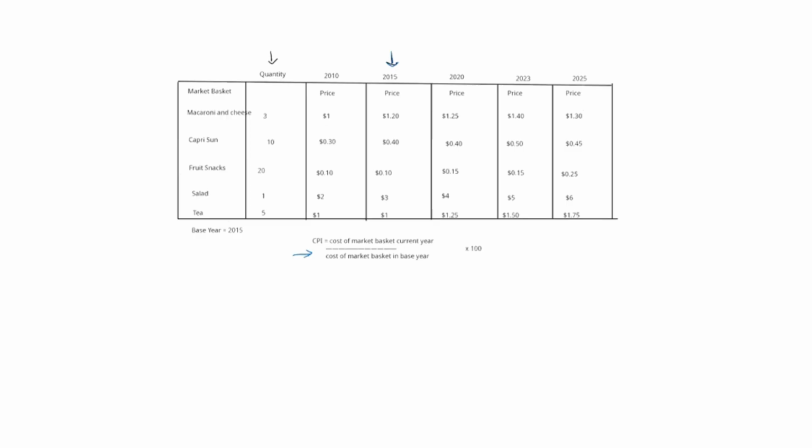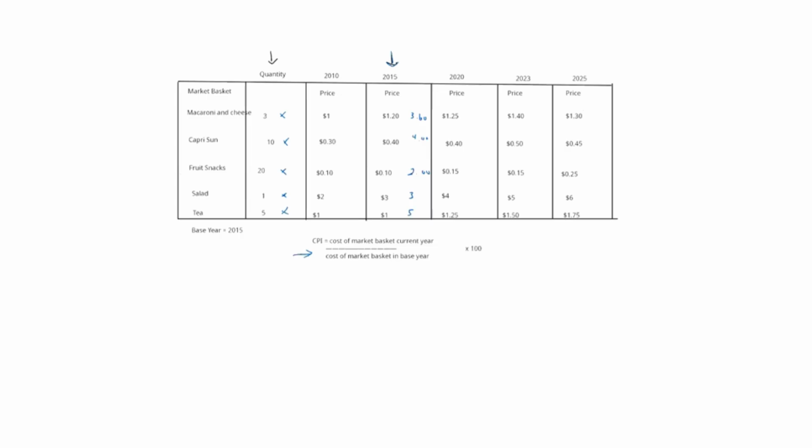So how do we find the market basket price? We multiply the quantity times the given year's price and then add the product. So 3 times $1.20 is going to give us 360. 10 times 0.4 is going to give us 4. 20 times 0.1 is going to give us 2. 1 times 3 is 3. 5 times 1 is 5.